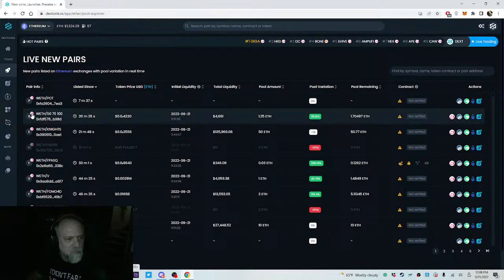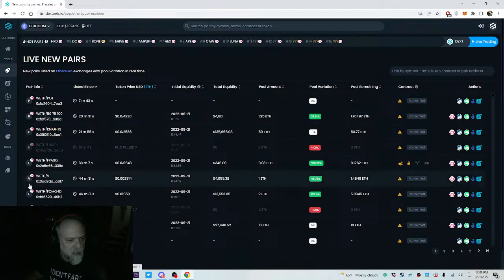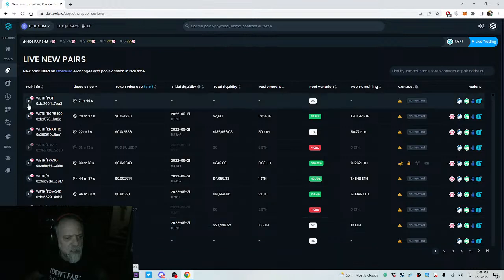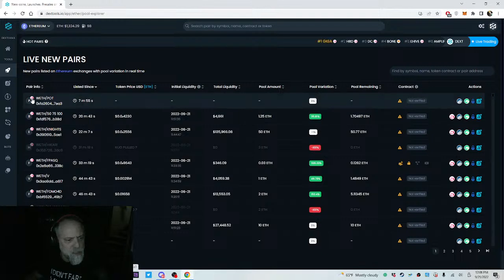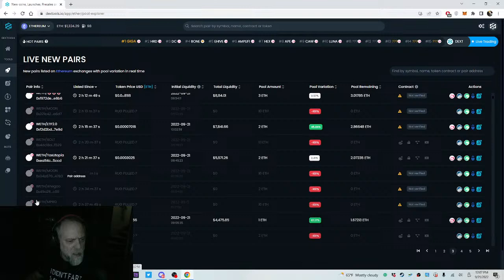Now, you can see the P, the B, E, H, FV, these are all different connotations as to what it is going to be. But you can tell which service it's on just by looking at this symbol right here. This is the Uniswap symbol. Some of these will show Pancake, some of them will show Binance, and so on and so forth.